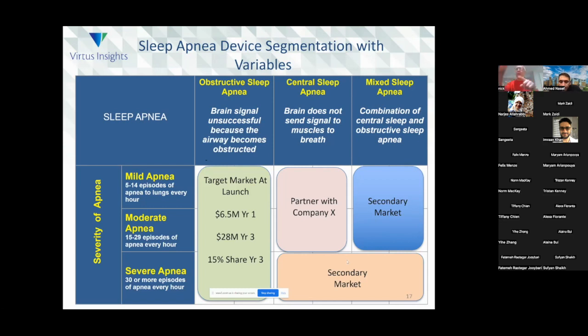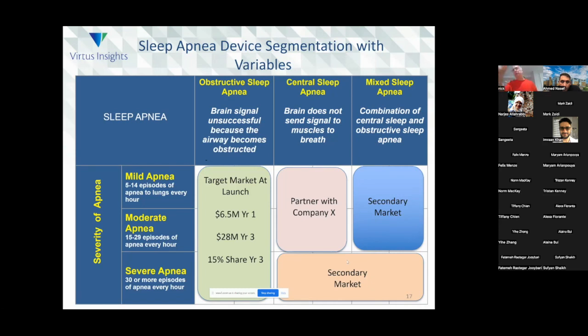These are all the places that you can play with, but now you need to find which of these market segments best aligns with your product and the value proposition of your product. And in this case, the go-to was obstructive sleep apnea. So in a pitch to a venture capital firm, you say our go-to market is obstructive sleep apnea.